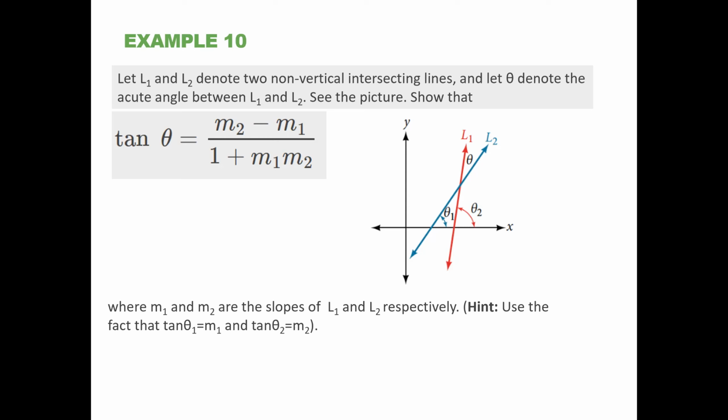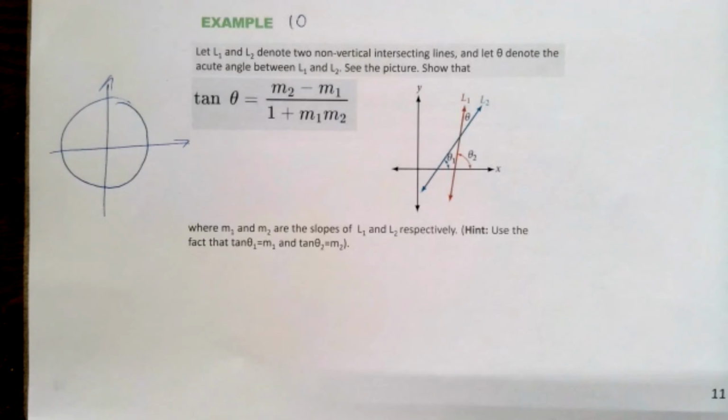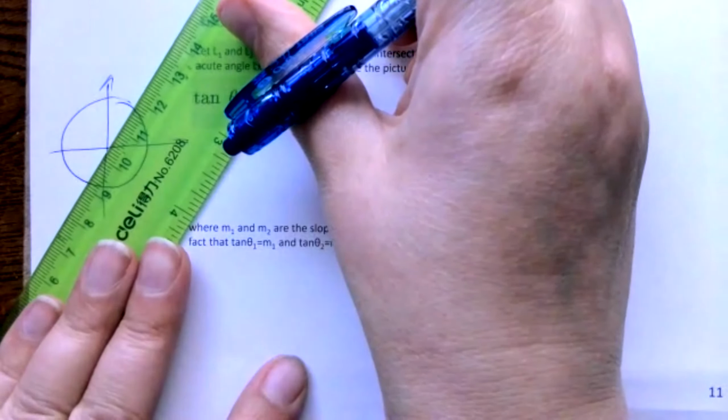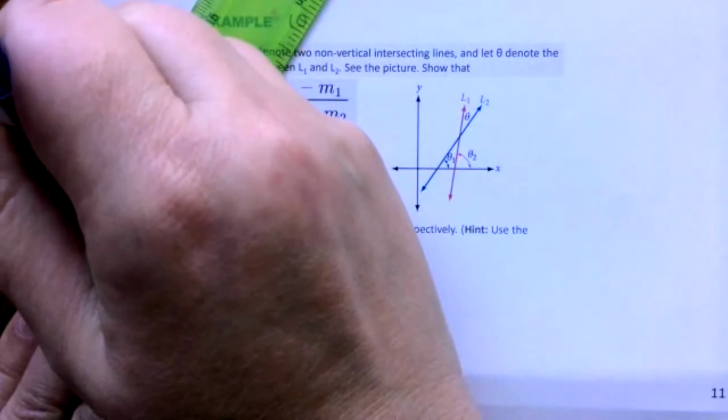All right, so take a look at this picture, copy it if you like, and I'm going to switch to my paper copy. Well, first of all, guys, I want to remind you of the connection between the tangent and the slope of the line.